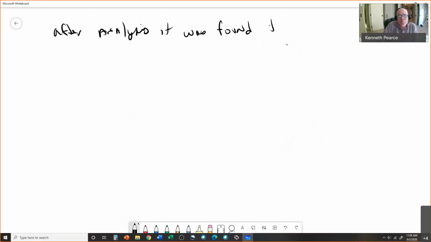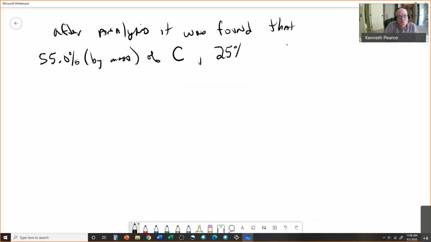It was found that we have, let's say, 55.0%, and this is all by mass, of carbon, and let's say 25% of hydrogen, and let's say that we had the remainder.